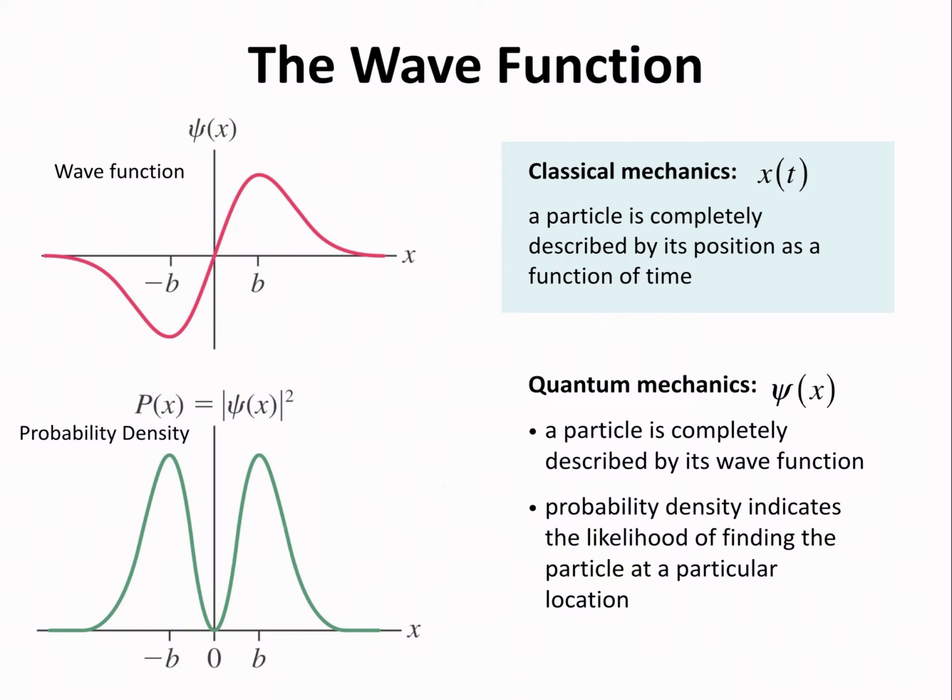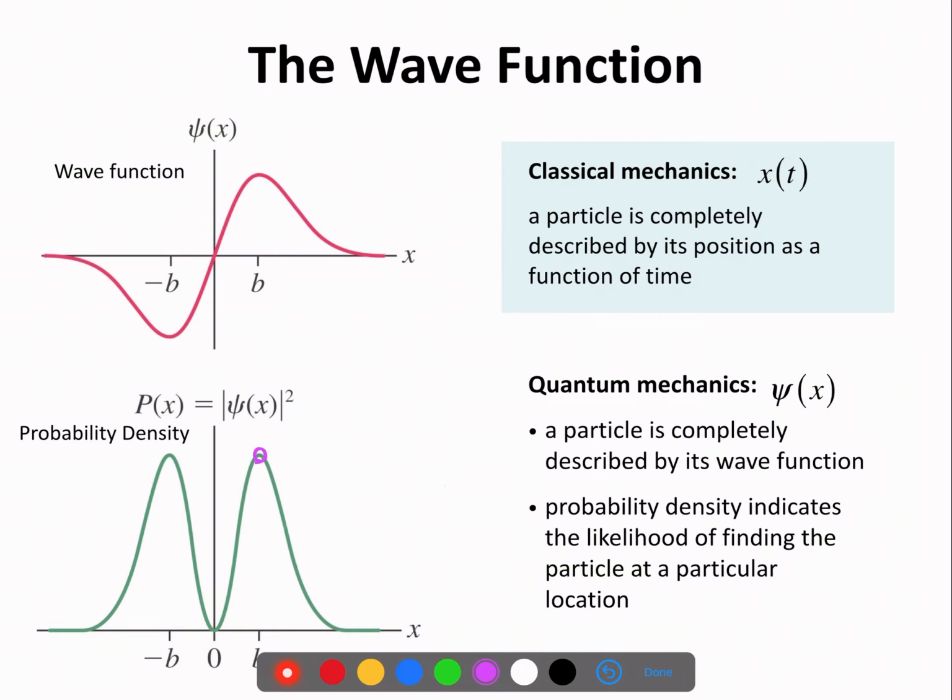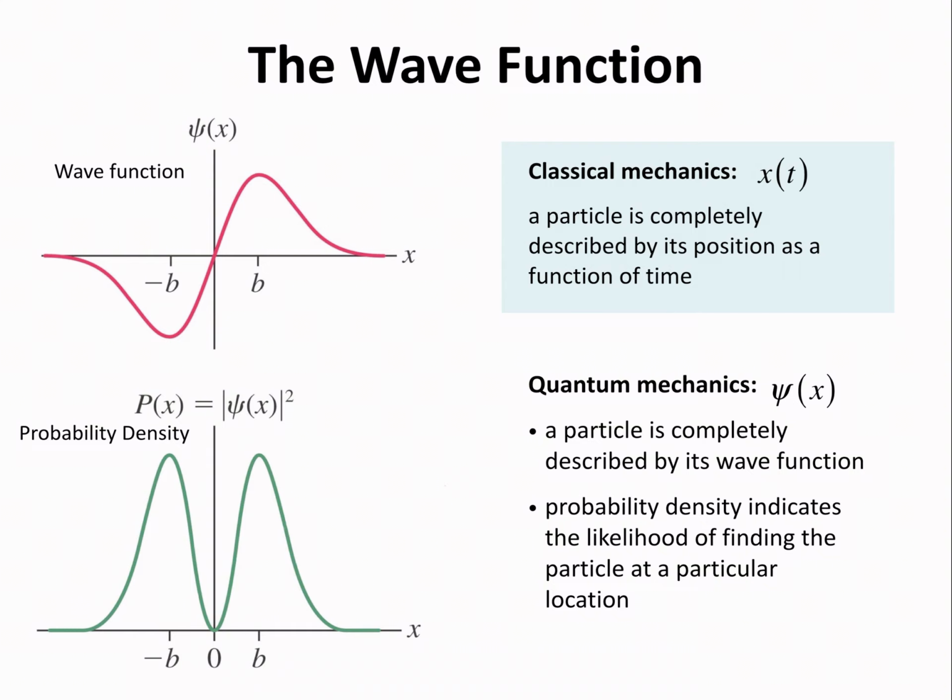That means the probability density is highest at b and negative b. It's unlikely to find it at 0 or far away from 0, so you can see the probability density goes to 0. So probability density indicates the likelihood of finding a particle at a particular location.